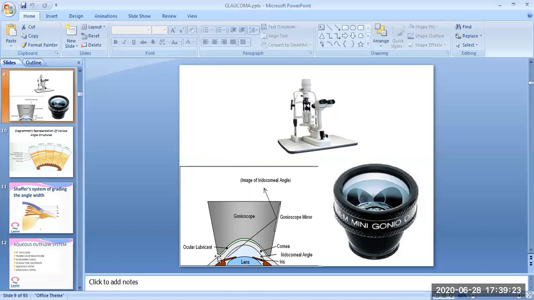The angle of the anterior chamber will be visible through the gonioscope. There is a gonioscope mirror placed here, and there will be reflection of light. So this is how we'll be able to see the image of the iridocorneal angle.